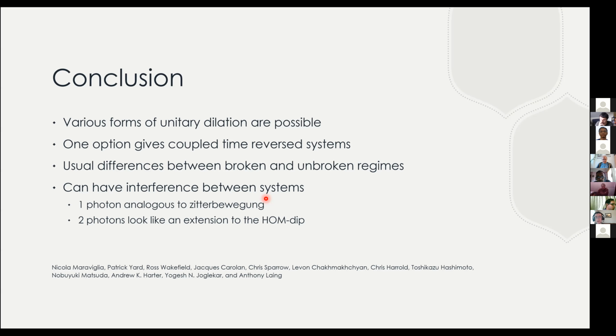And then we can also have interference between these two systems with either a single photon or with multiple photons. And we can vary the distinguishability to get something that looks like some kind of PT-symmetric extension or non-unitary extension to a Hong-Ou-Mandel dip. And in full, at the bottom, I have a full list of everyone who's been involved in this project since the beginning. Thanks.